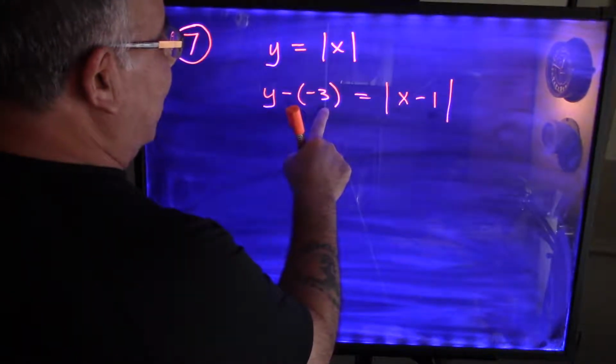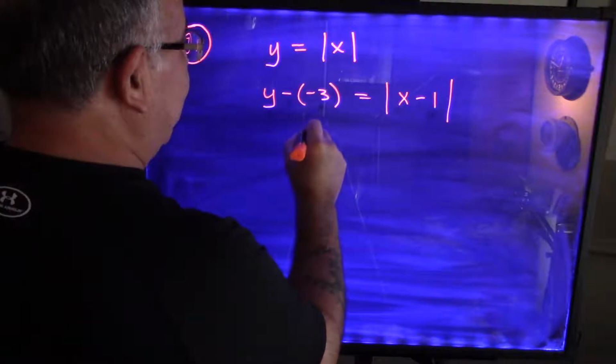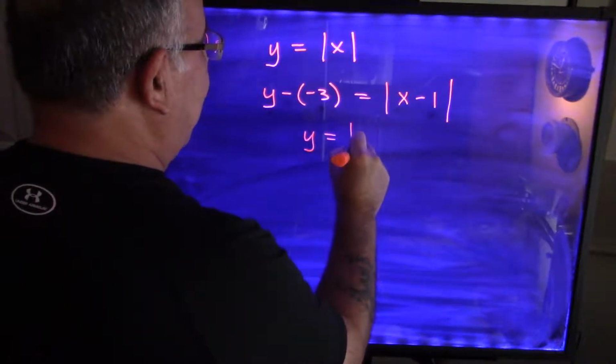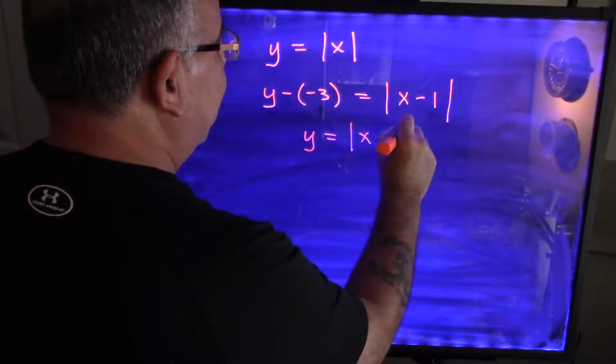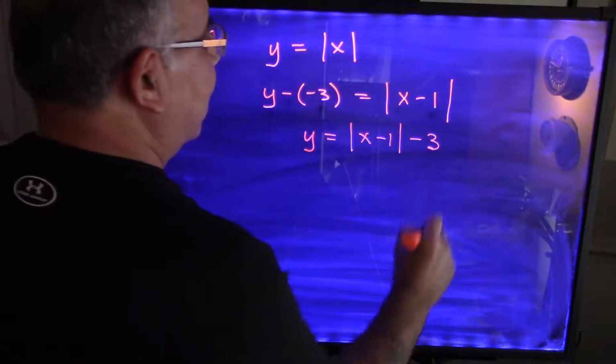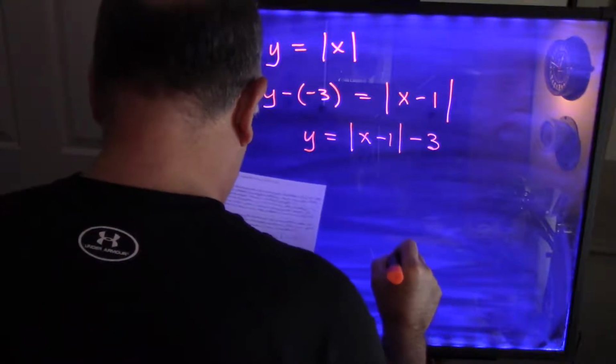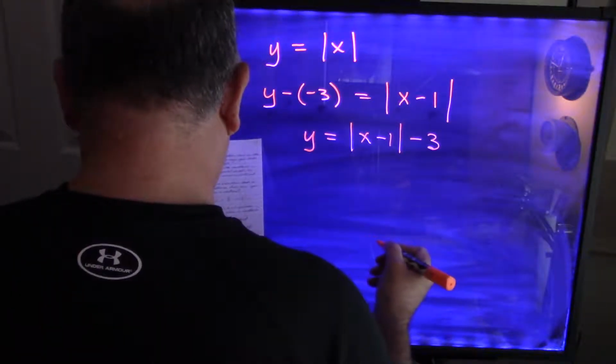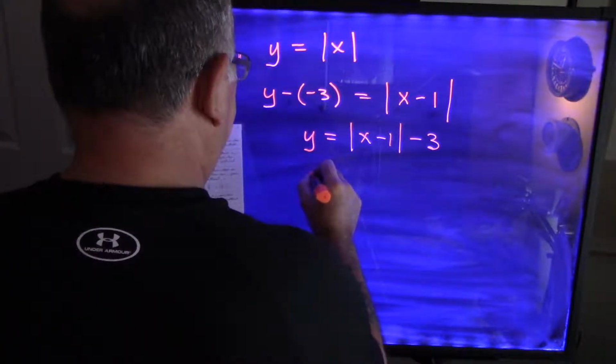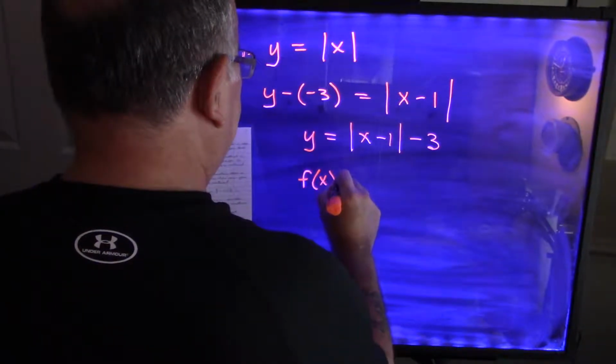This is going to be y plus 3. If you subtract 3 from both sides, you get y equals absolute value of x minus 1, minus 3. Or f of x, we can call it f of x, since that's the notation they originally used.